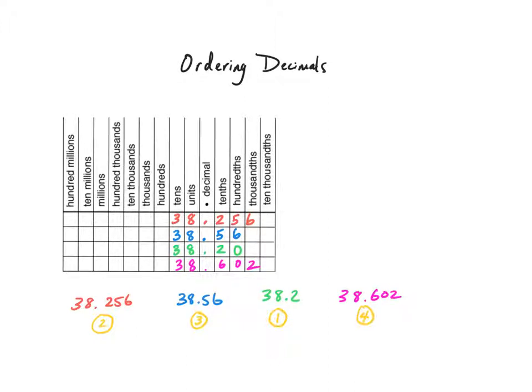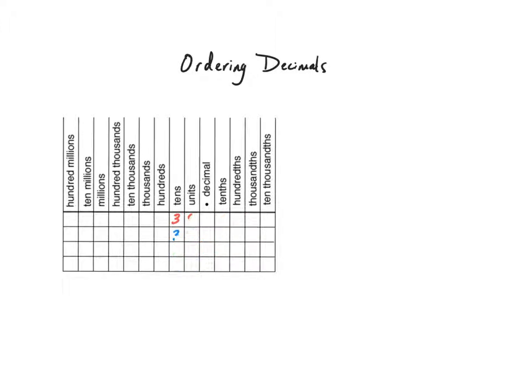So let's look at another example. I'm going to erase all this and we'll come up with some new numbers here. So let's do 4 and 7 thousandths. We'll do 4 and 7 tenths, 4 and 67 hundredths, and let's do 4 and 6 hundredths.